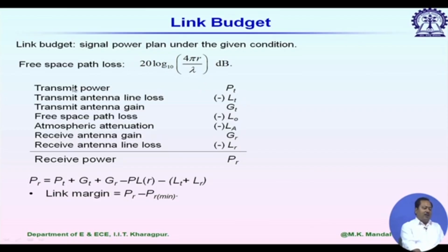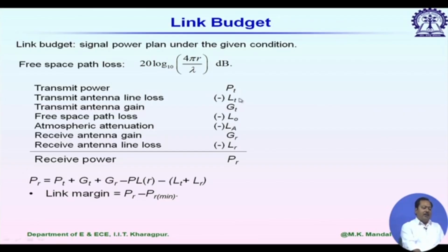And what are the other contributions? Transmit power PT. If I increase transmit power, what do we expect? Receive power will increase. Next, transmit antenna line loss. We will be using some cable to connect the microwave or millimeter wave source to the antenna, and it is a passive device, that cable will give some loss.